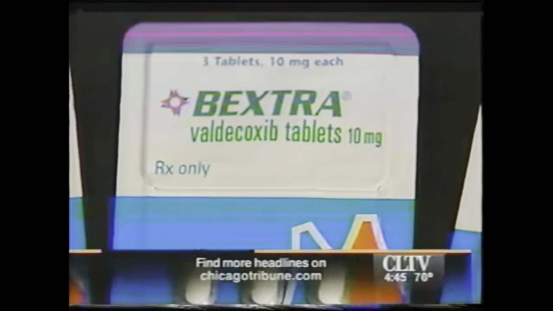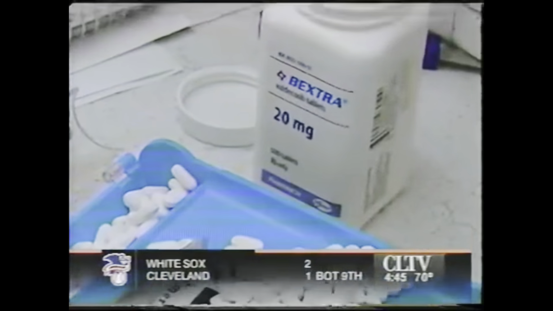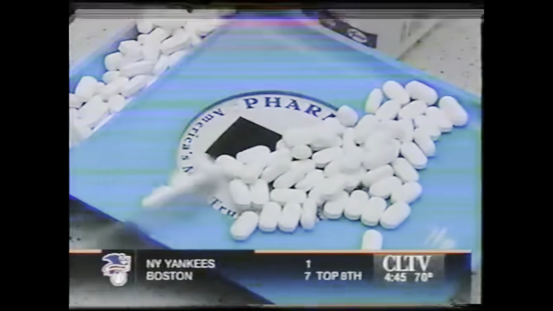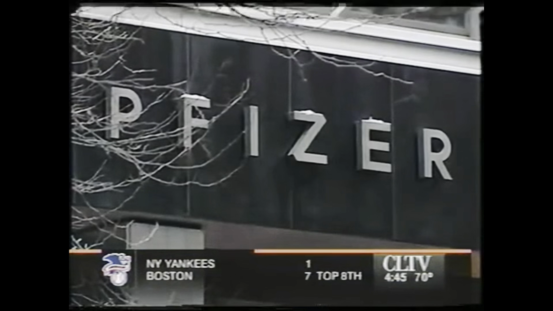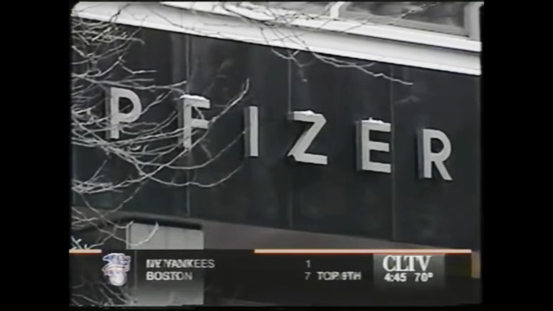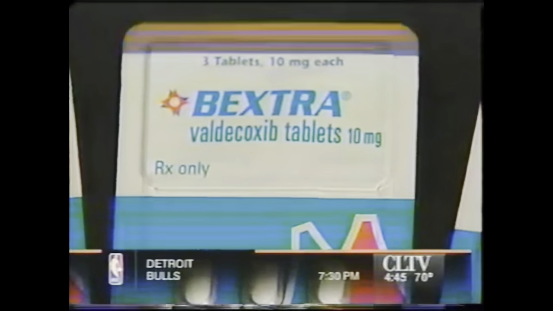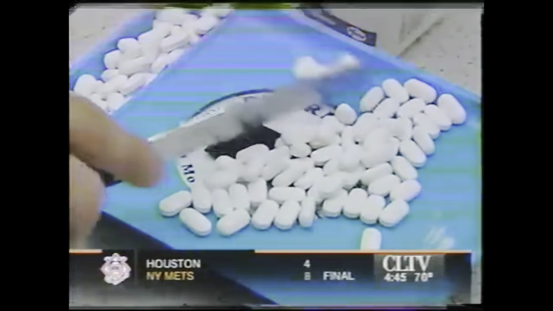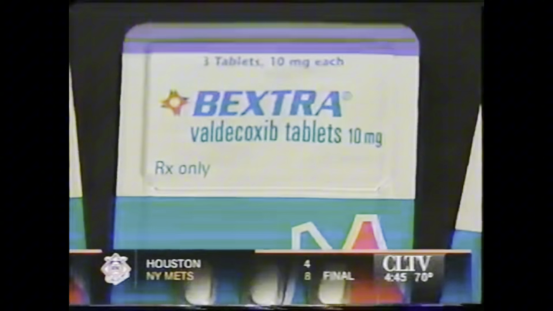What is it you're claiming specifically that the companies did or didn't do? Well, they knew that the COX-2 selective inhibitors could cause heart attacks and serious injuries and failed to warn consumers, which the FDA is now requiring them to do with a black box warning, which is the most severe warning they can give. But I think what's more important was what the FDA did last Thursday.